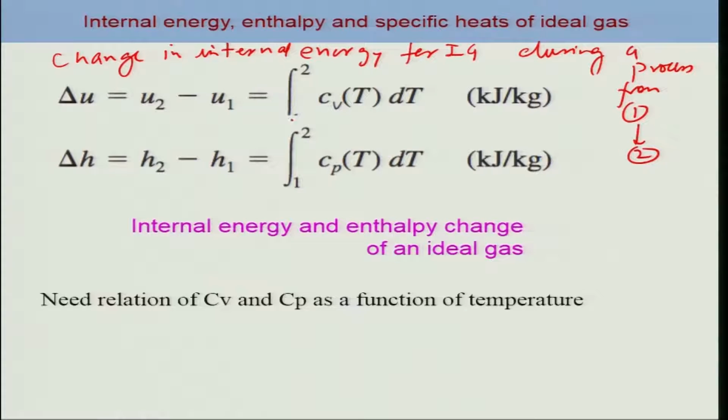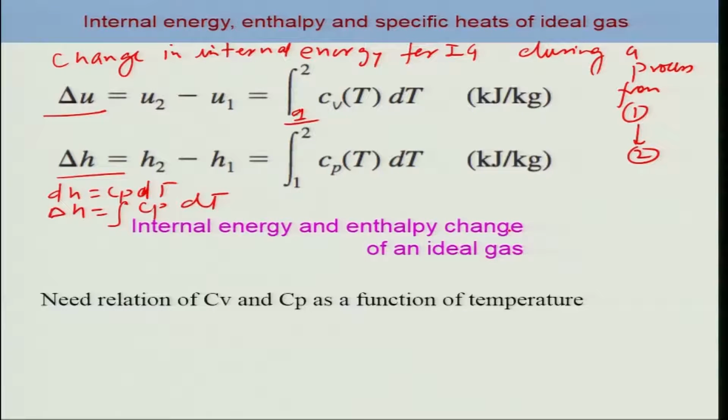This is going to be your expression for delta U, and this would be the expression for delta H. You are just integrating dH is equal to Cp dT, and thus your delta H is nothing but Cp delta T. So this will be the change of the internal energy and enthalpy for an ideal gas.